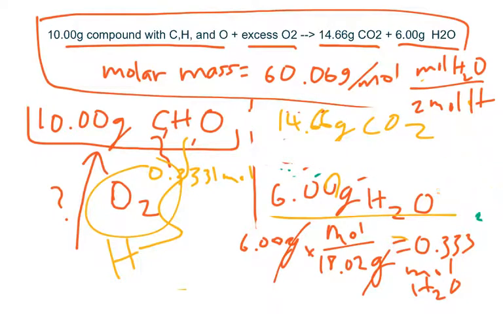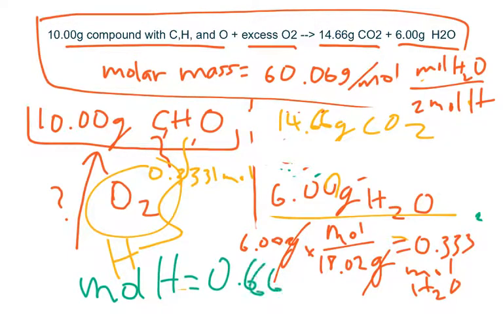So if I multiply that by 2 on my calculator, I get 0.666 as our answer. So our moles of H on both sides will be 0.666 moles of hydrogen.